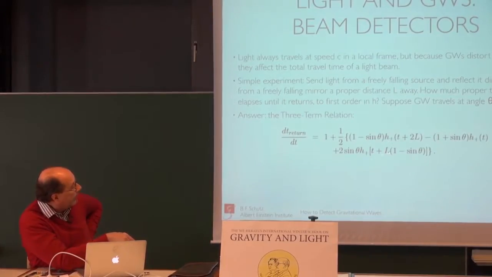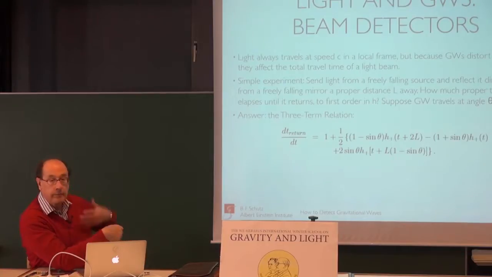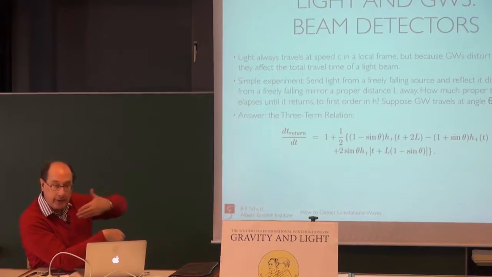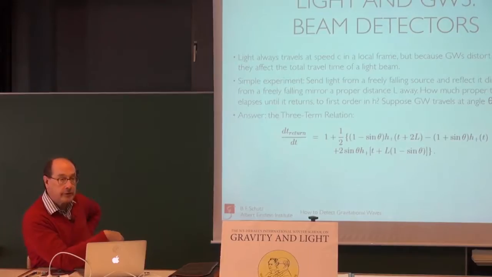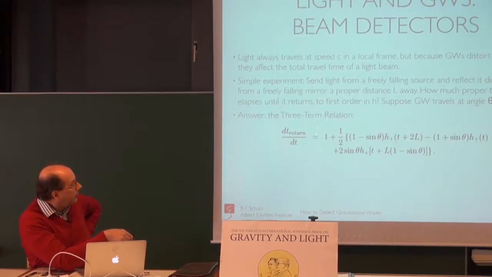And you see, each of these things depends on H plus. If there's no gravitational wave, if H plus is 0, you just get 1. Okay, 1 means the light is coming back always with the same return time. So there's no variation. So you ignore the 1, and you're trying to measure these small variations of order h.